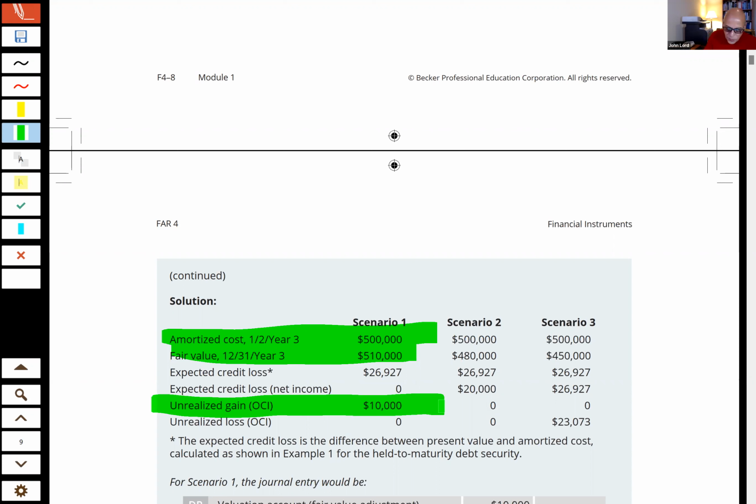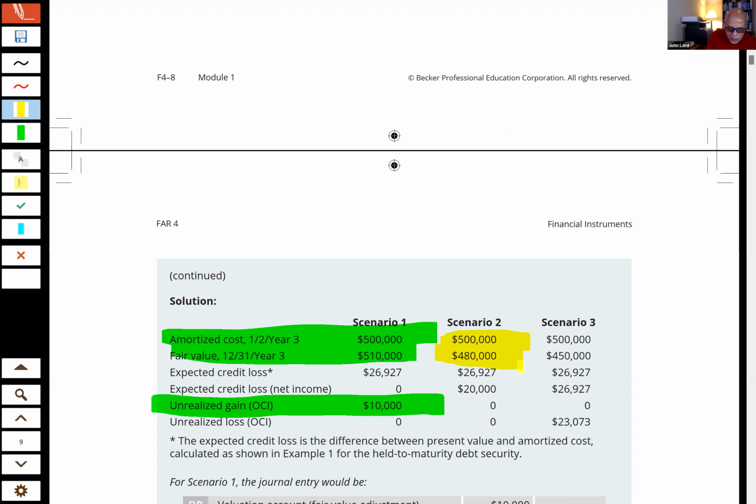Okay. Now, if the security in scenario 2 was sitting there at 480, which to me is probably a little more realistic as to where you would start, then you would be saying, well, they could sell it.